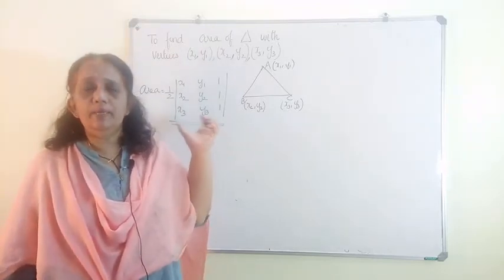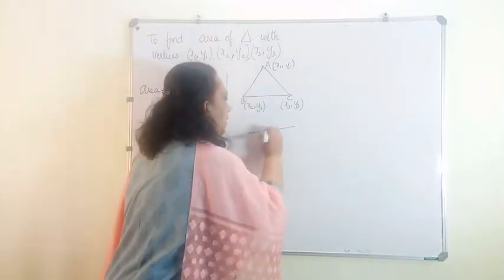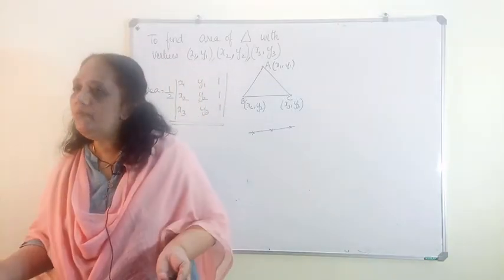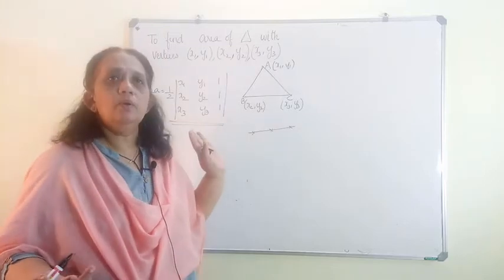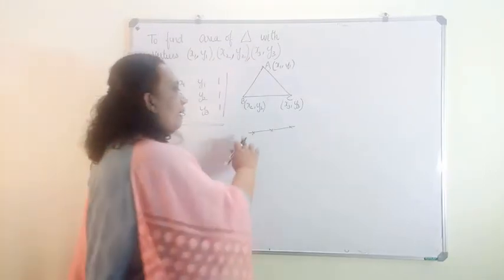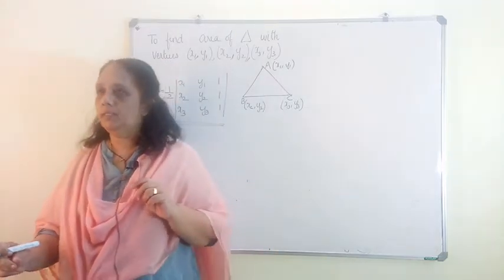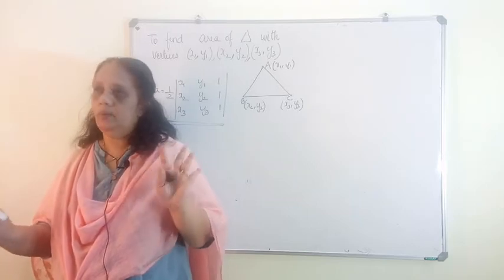And if the 3 points are collinear, that means the 3 points lie on the same straight line, A, B, C, then a triangle is not formed. Triangle is not formed means the area of the triangle is equal to 0. So that also you have to keep in mind. For 3 collinear points, the area of a triangle is equal to 0.